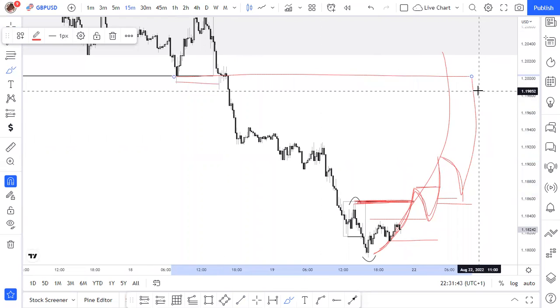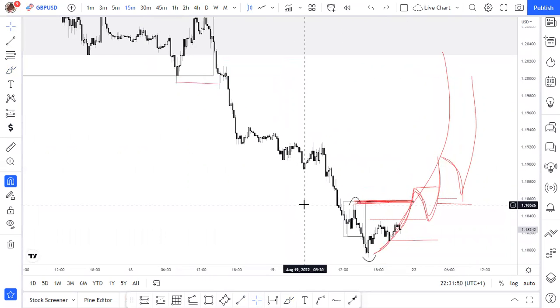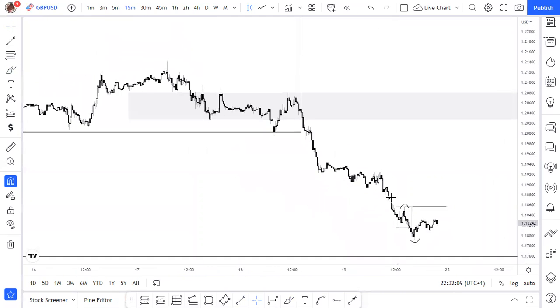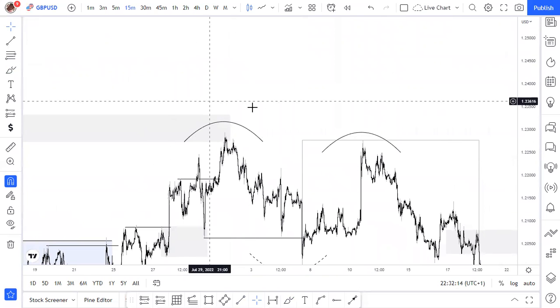That's basically how I'll be looking at it on the 15-minute time frame. But until the market opens on Monday, we don't really know what will happen. So you just keep an eye on the 15-minute and 4 hour time frames and see what the market presents to us. So that will be it for the outlook on pound USD.